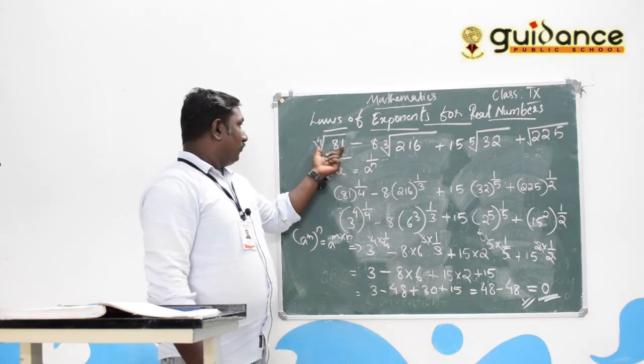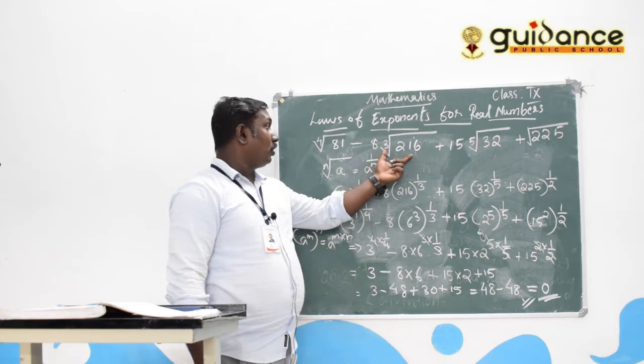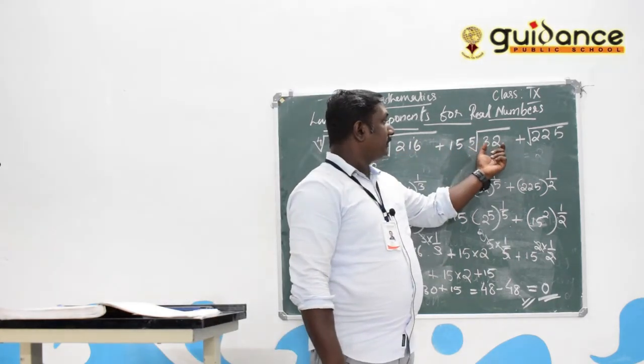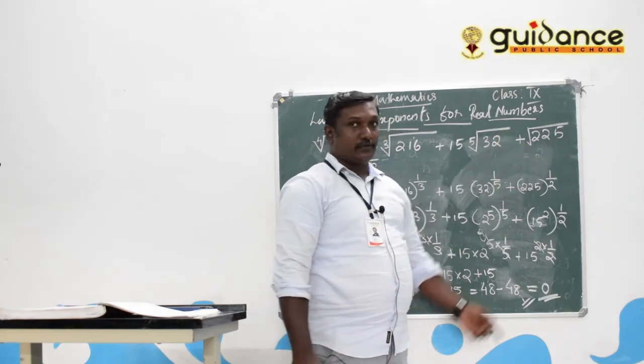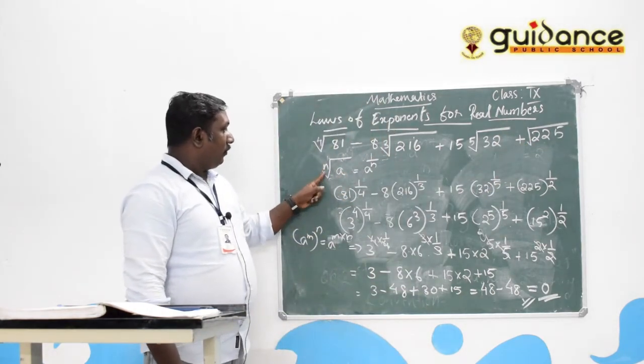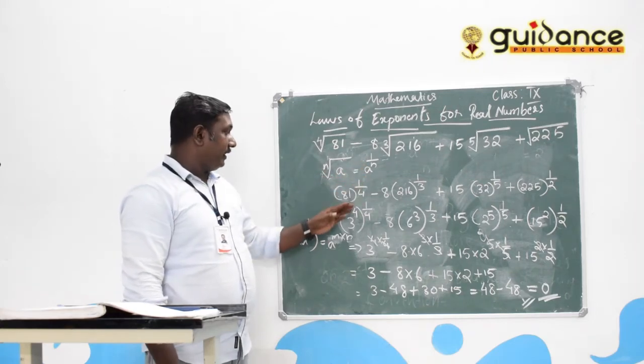Let us go through the question one more time. Look here: the 4th root of 81 minus 8 into cube root of 216 plus 15 into 5th root of 32 plus root of 225. So we can use this identity, the nth root of a is equal to a raised to 1 by n.